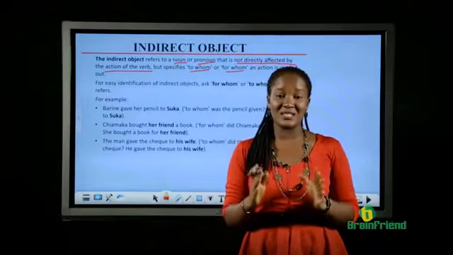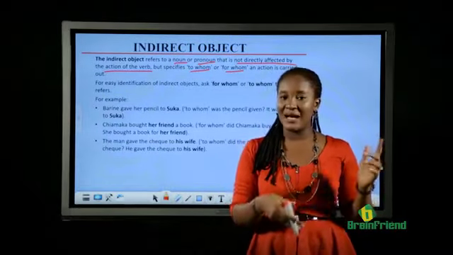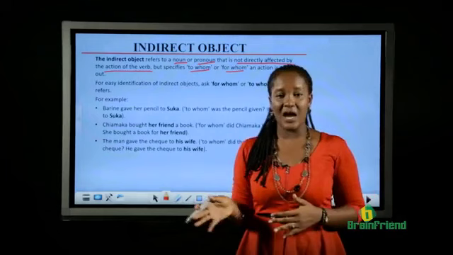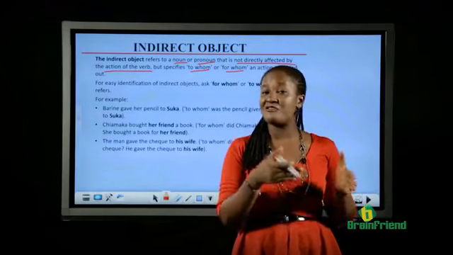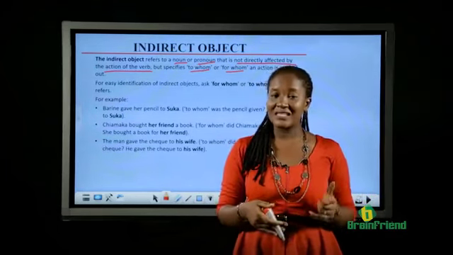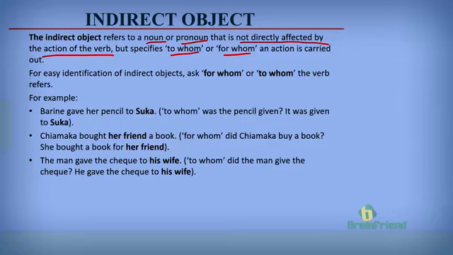The direct object is directly affected by the verb, while the indirect object is not directly affected by the verb. Instead, it answers the questions for whom or to whom was an action carried out. Now let's look at these examples on the board.